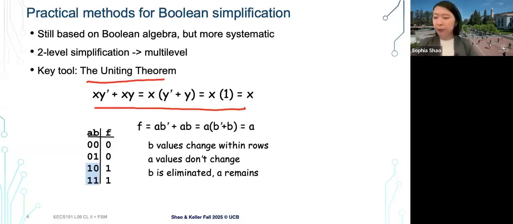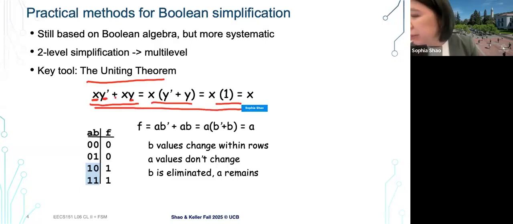If we see a pattern where we have one variable ANDed with both the negated version of x and the original x, we can extract x here. And what we eventually get is that y doesn't really matter, so the entire expression is only dependent on one variable instead of two.